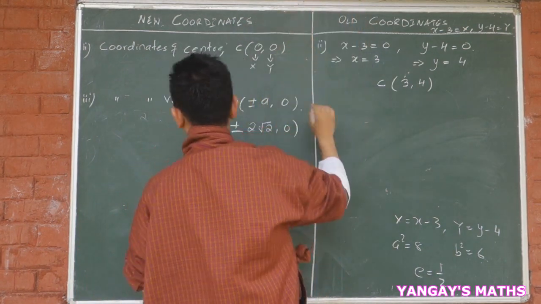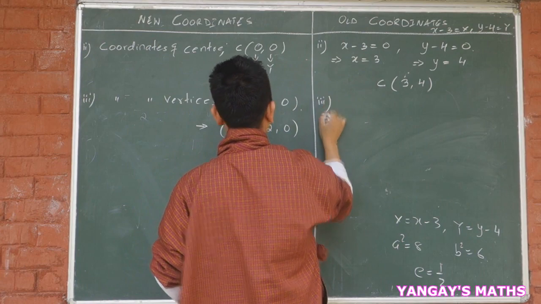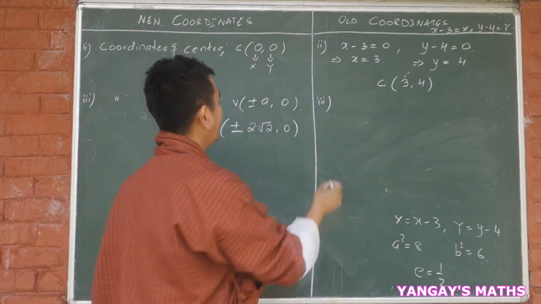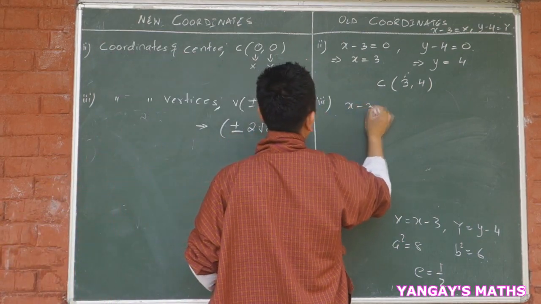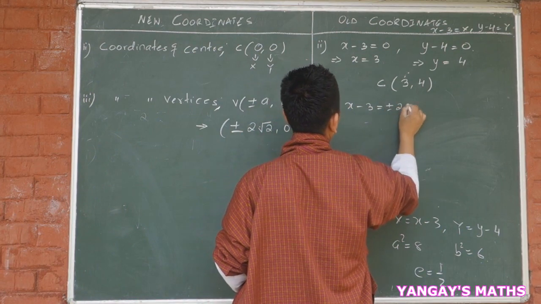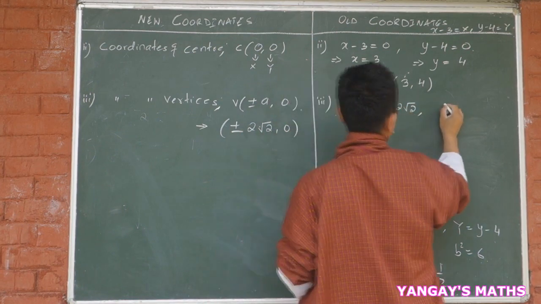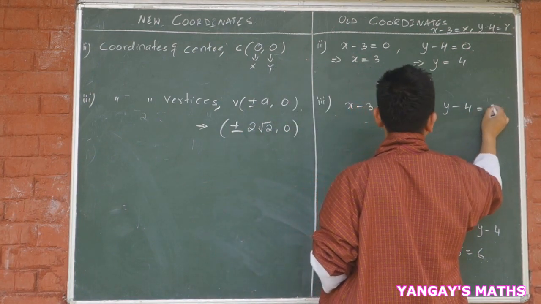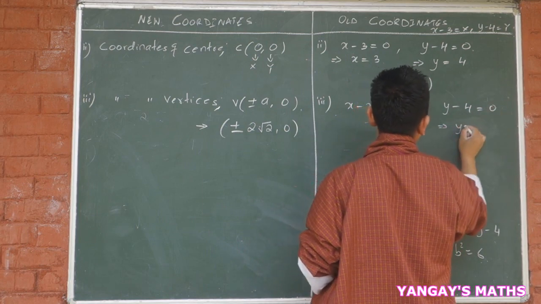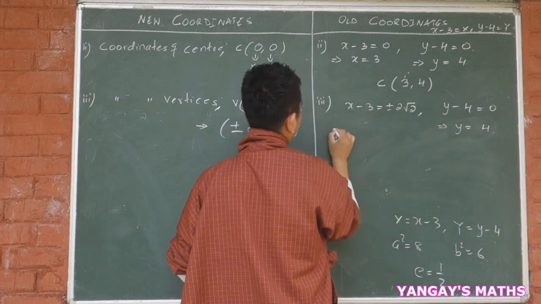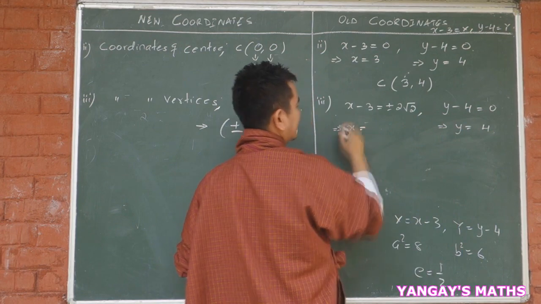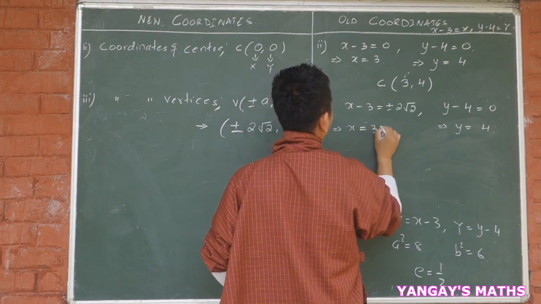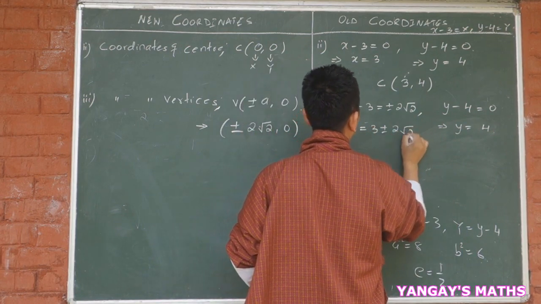So now, number 3, this side becomes a capital X value. We have X minus 3 is equal to plus or minus 2 root 2. And then Y minus 4 is equivalent to 0. So Y value is equivalent to 4. Or from here, X value is equal to, you take 3 that side, 3 plus or minus 2 root 2.